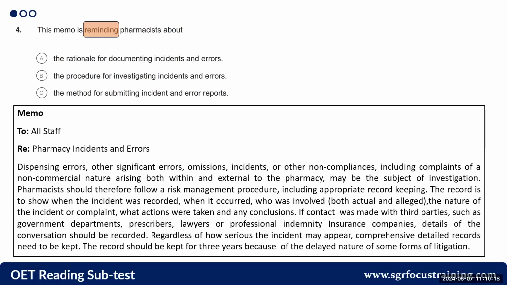Now, which word or phrase from the question do you think confirms that this is the main idea? That's right. That's the one which is highlighted, which is the word reminding. So, reminding, anything that you're being asked to remember must be important. And therefore, this must be a main idea question.